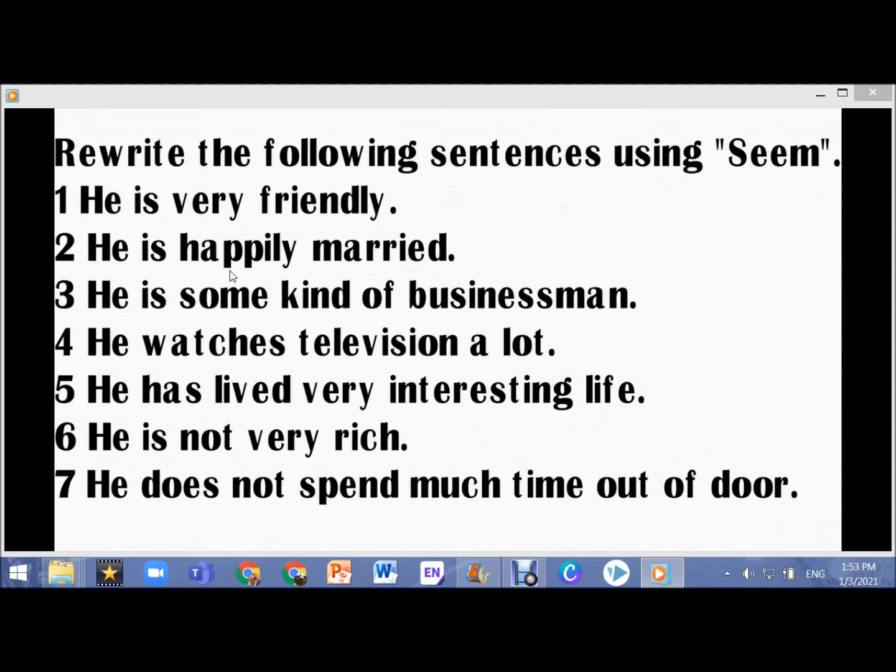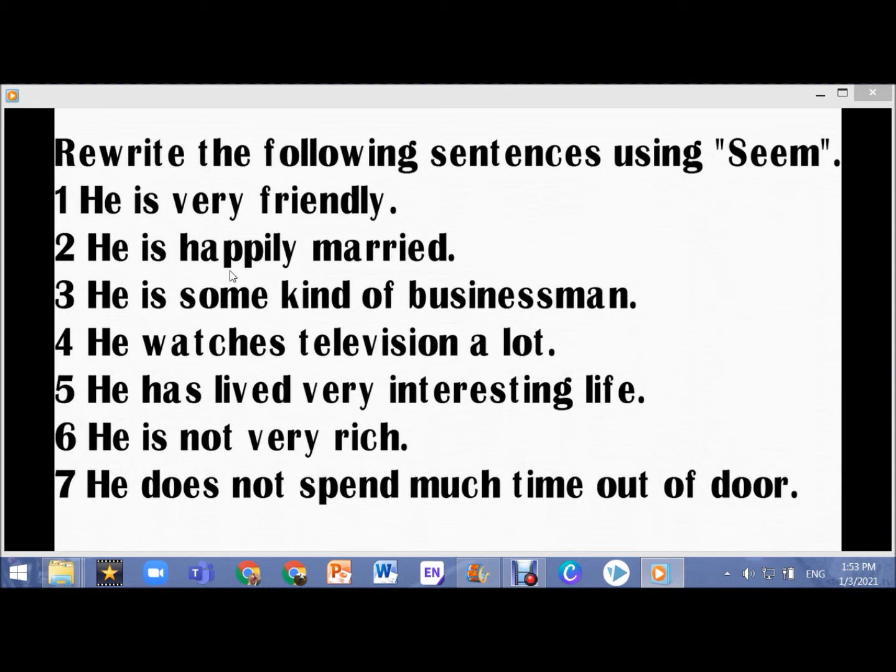In the process of solving, do you remember the structure? But here there is a slight difference. If there is an adjective or adjective phrase, there is no need to write "to be", or you can write it within brackets. Keeping it within brackets means you can omit it. So, he is friendly: here you can write he seems friendly, rather than he seems to be friendly.